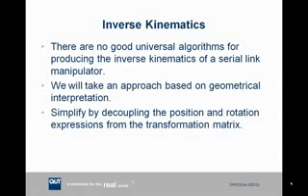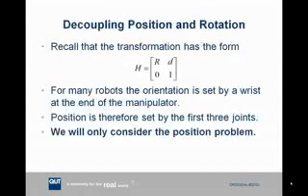We'll make our challenge a little easier by decoupling the position and rotation expressions from the overall transformation matrix. The overall transformation matrix has this general form where you have the rotation part of the matrix R at the top left, and at the top right you have the displacement component.